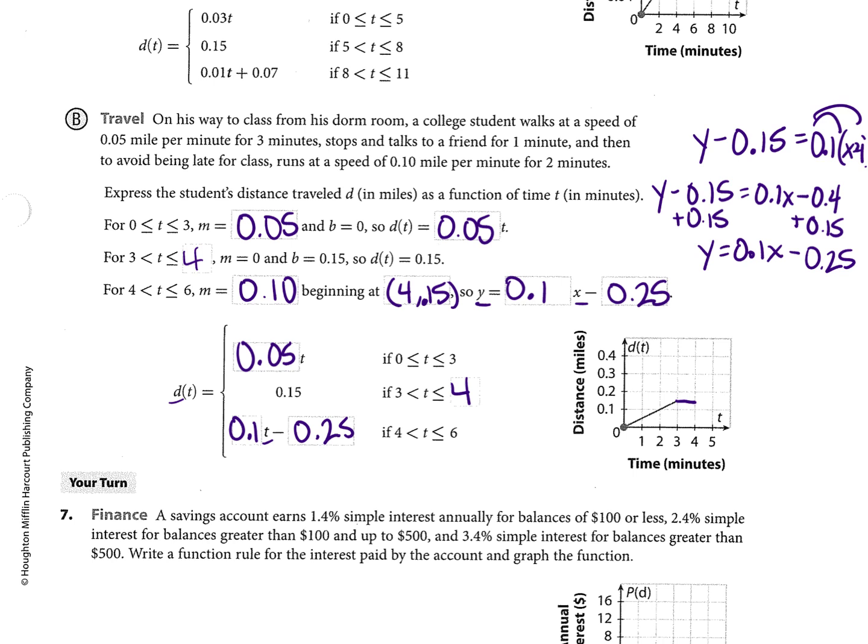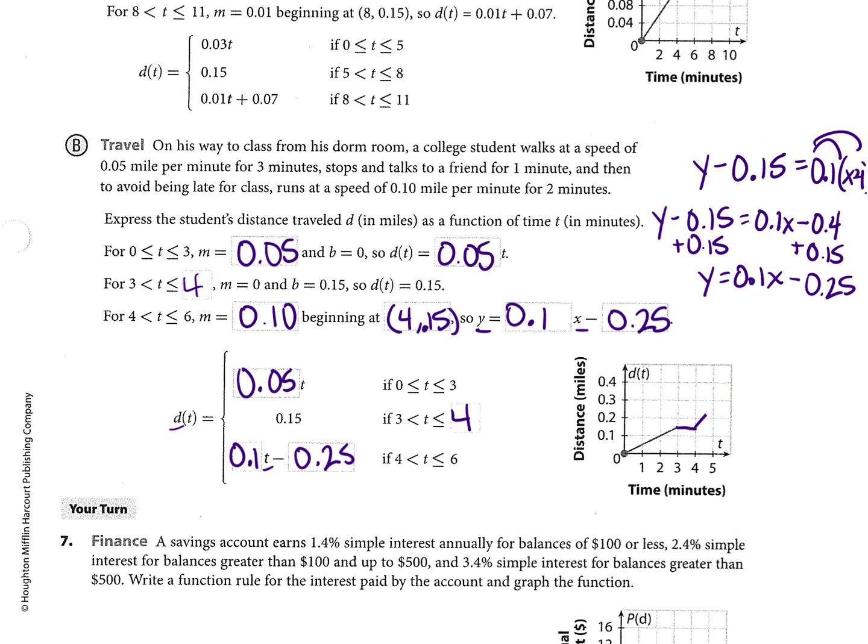And then he takes off at a slope of 0.1. So he's going up 0.1 every minute. So in 1 minute, he goes from 0.15 to 0.25, 0.25 to 0.35. That went a little steep. Let's fix that. There we go.